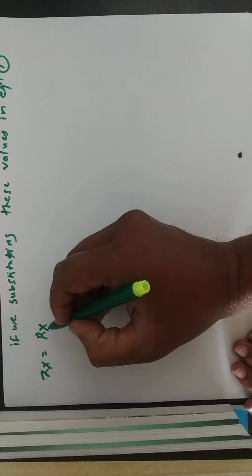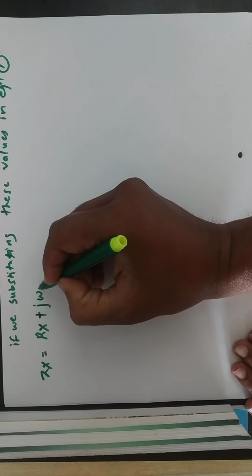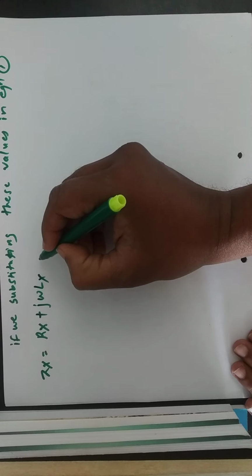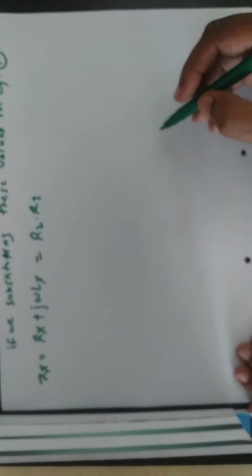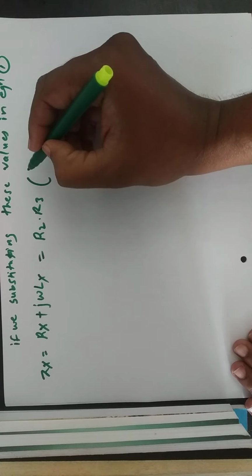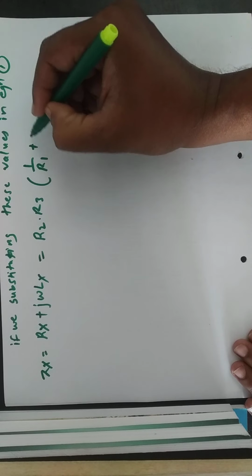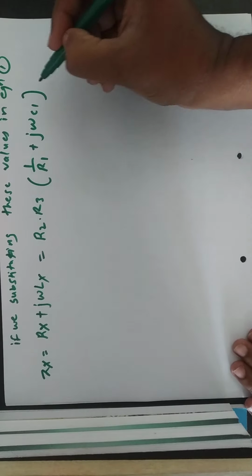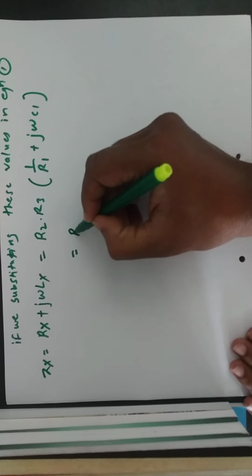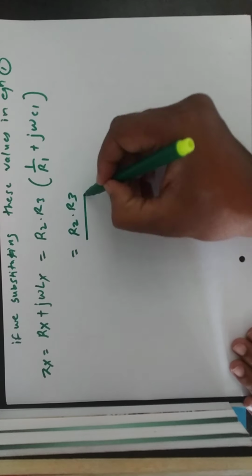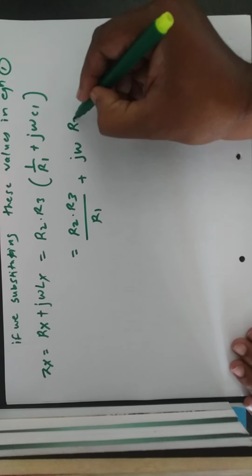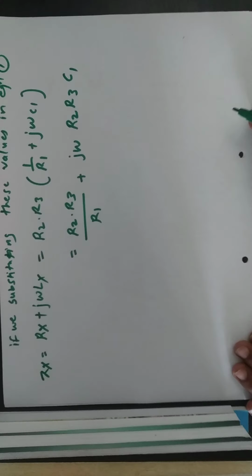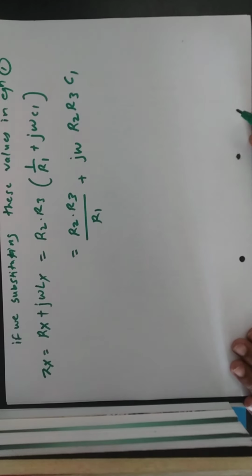By substituting all these values, we get R2 into R3, and what is the value of Y1? It is nothing but 1 upon R1 plus j omega C1. By simple mathematics, we get R2 into R3 divided by R1 plus j omega R2 R3 C1.